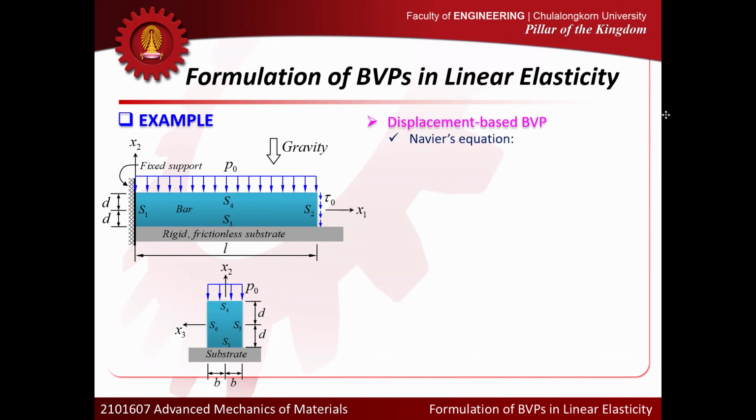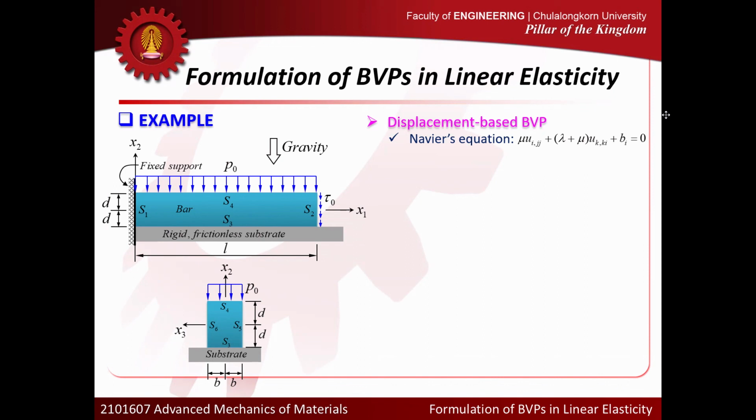In this case, I will use the governing equation in terms of the displacement field, which I call the Navier equation. And this is the Navier equation that I have. I expressed it for this special case. This is not the Navier equation for the general case because I try to be specific to the problem that I'm interested in here.